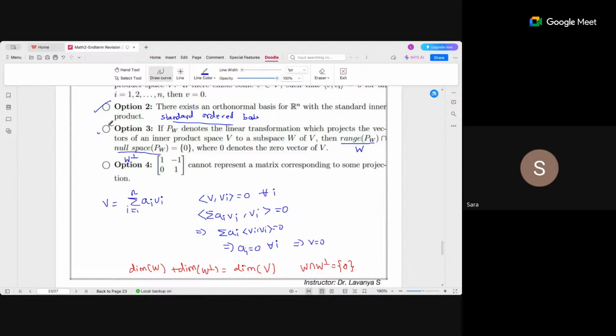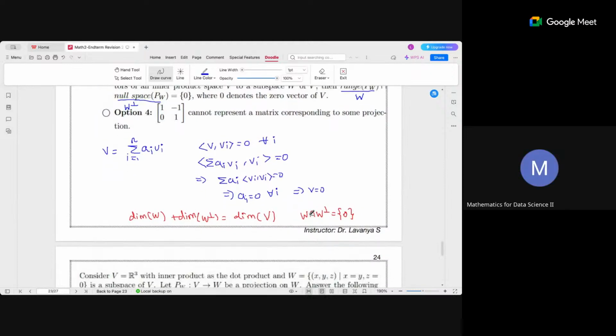Ma'am, could you explain how W intersection W perp is 0? Okay, suppose we take some element X which belongs to W intersection W perp. So X is in W as well as W perp.